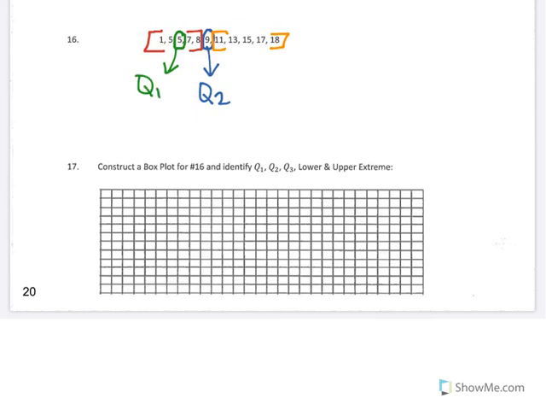And quartile 3 is going to be 15. So those are my quartiles, 5, 9, and 15. And then my interquartile range is always going to be the highest quartile minus the lowest quartile. So my highest quartile, Q3, is 15. My lowest quartile, Q1, is 5. So therefore, my interquartile range is going to be 10.